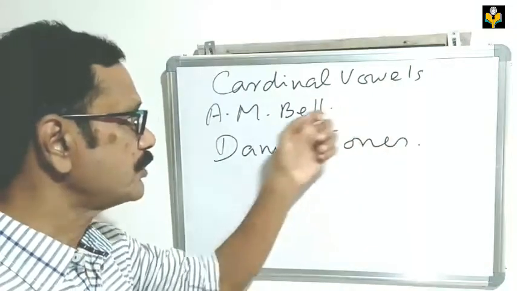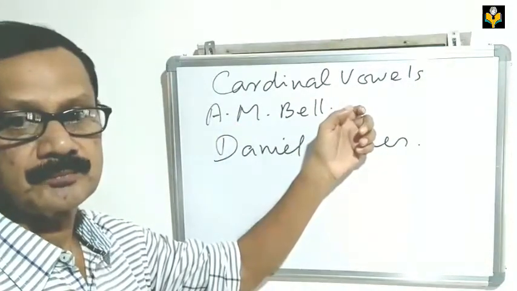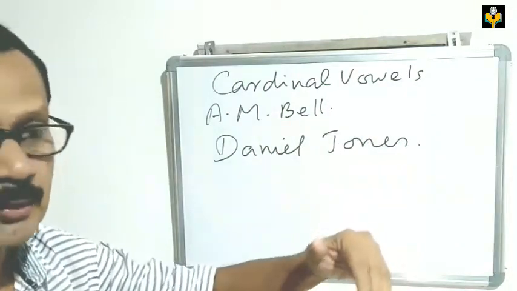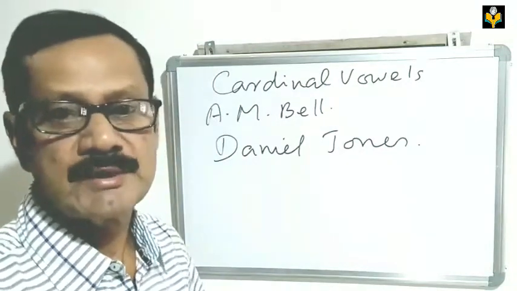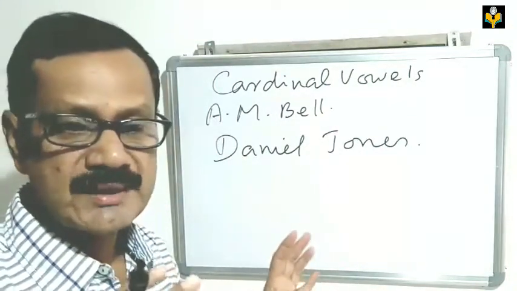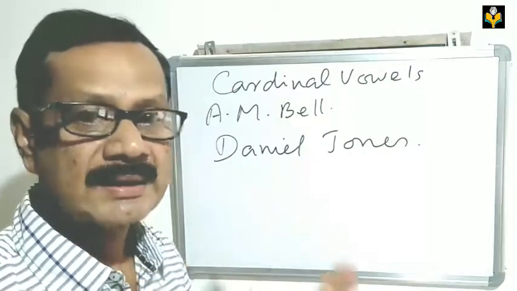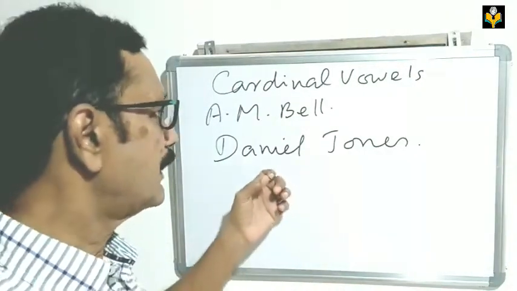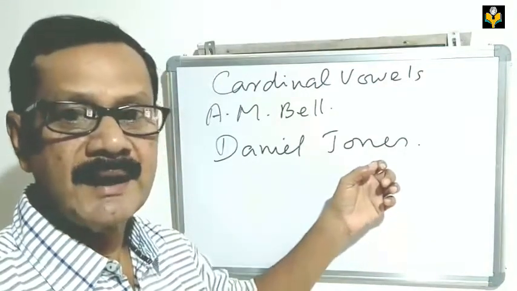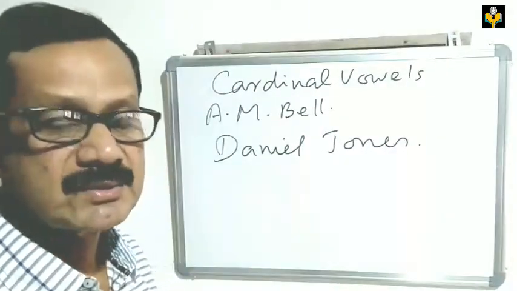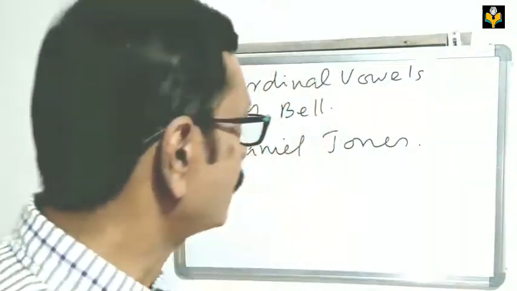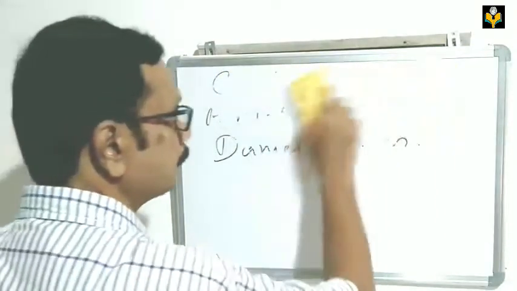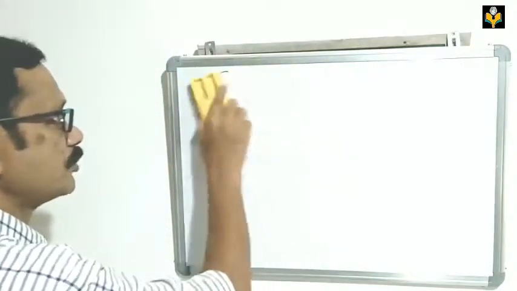The term cardinal vowel was introduced by A.M. Bell, and many others also introduced such vowels, but the most satisfactory and accepted one is devised by Daniel Jones. Now we can see what the 8 cardinal vowels are. For that we have to draw the vowel diagram, the tongue position diagram, which we did yesterday.